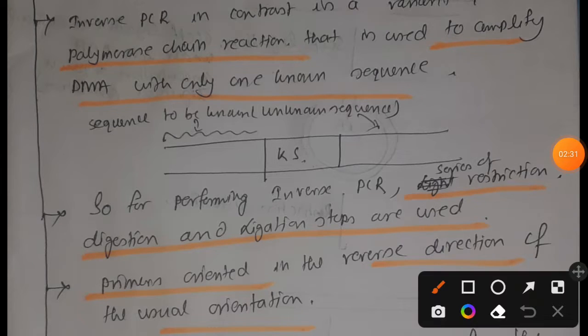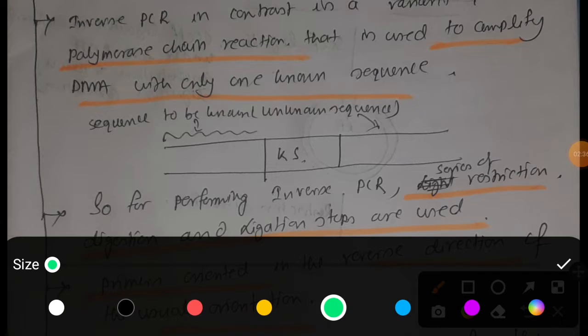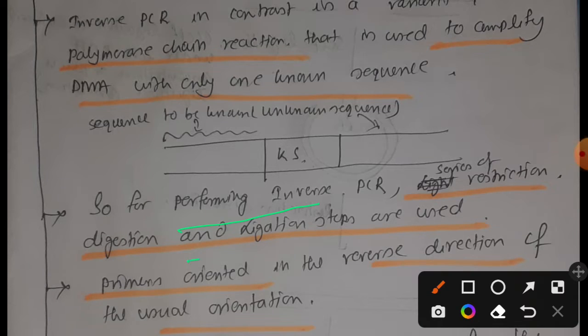So in case of inverse PCR, the sequence which is known to us is in between, and the sequence to be amplified is unknown, at the two ends. So how can we do this?